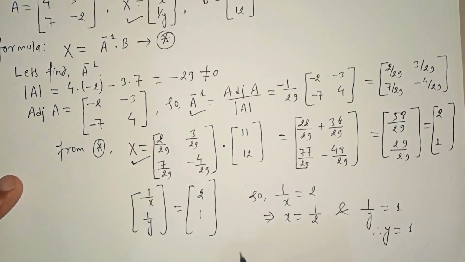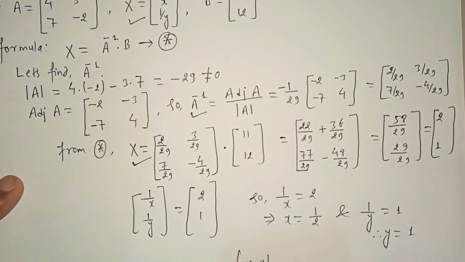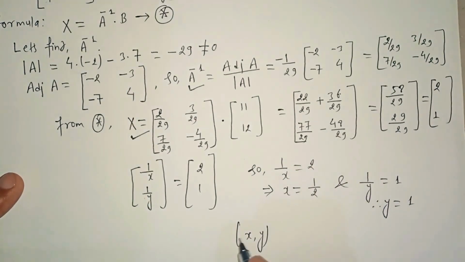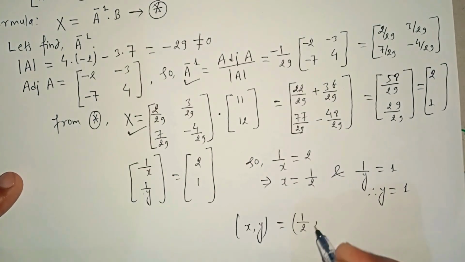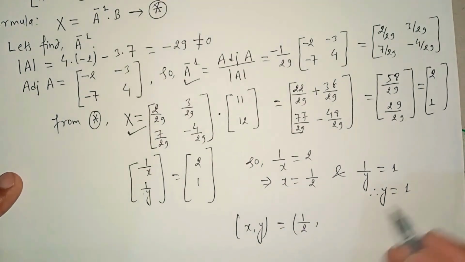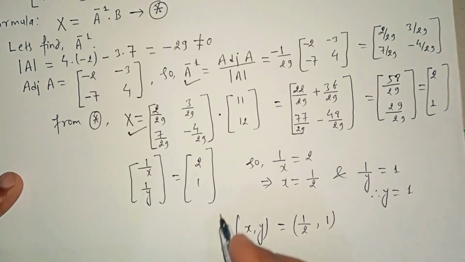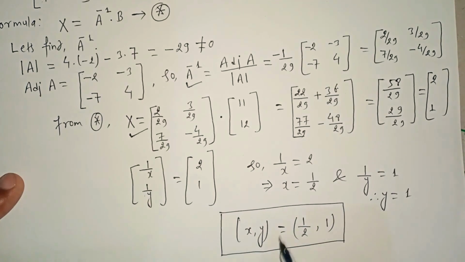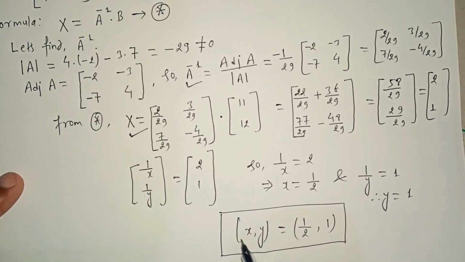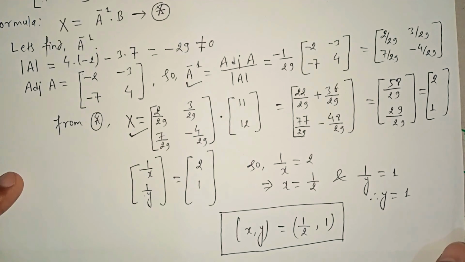Finally, we obtain the values of x and y. We can write in ordered pair format: x comma y, where x is 1 over 2 and y is 1. So the final answer is x equals 1 over 2 and y equals 1.